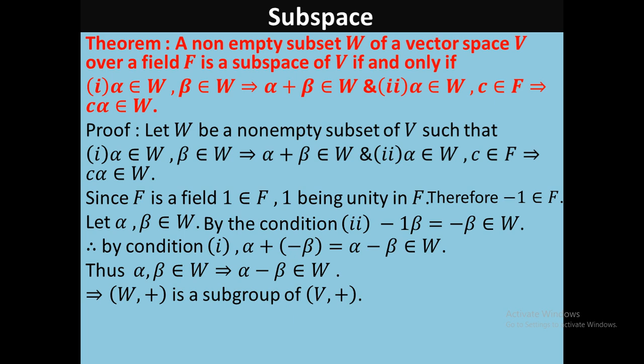Again, you know that V plus is a commutative group. So W plus is a commutative group, because the commutative property is an inherent property.